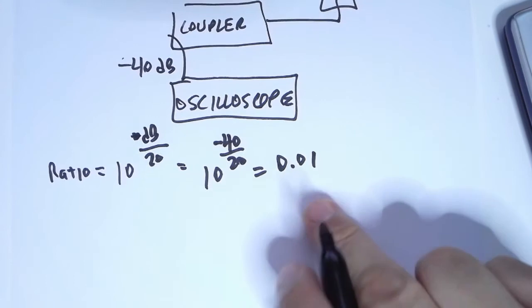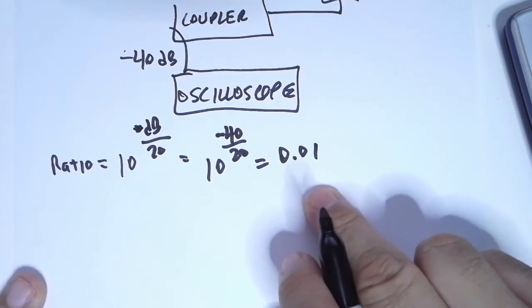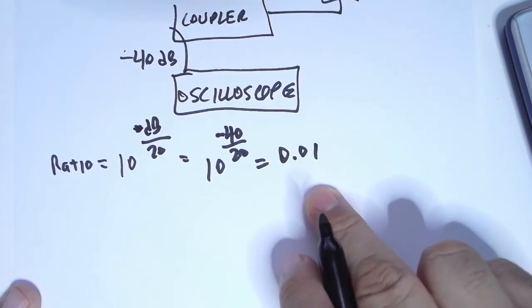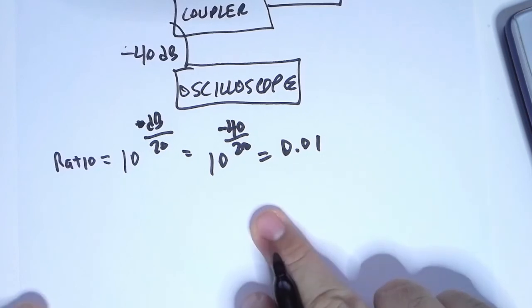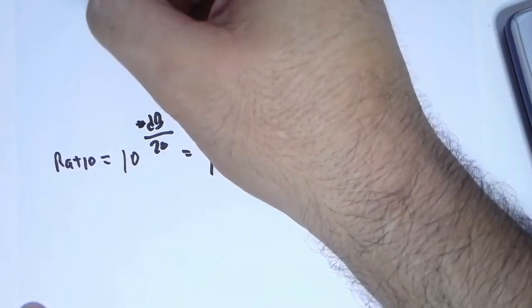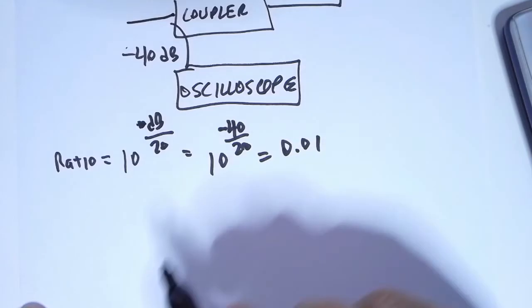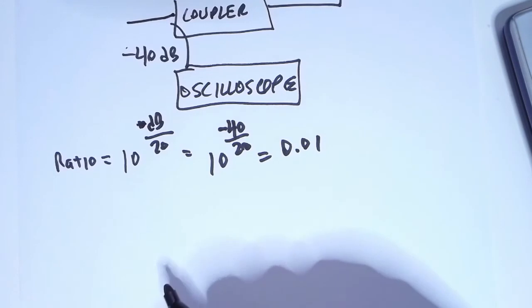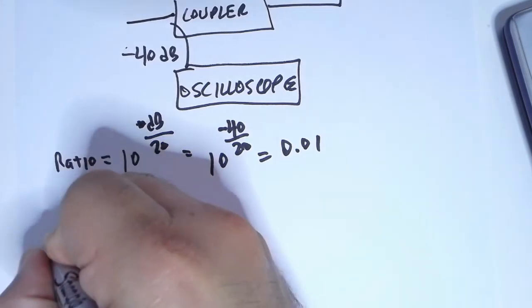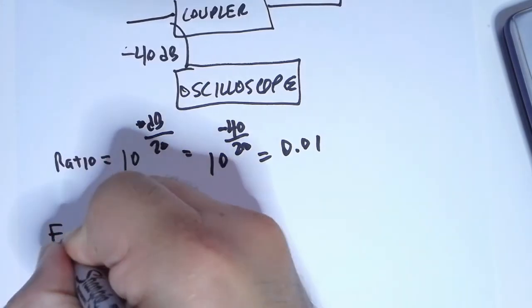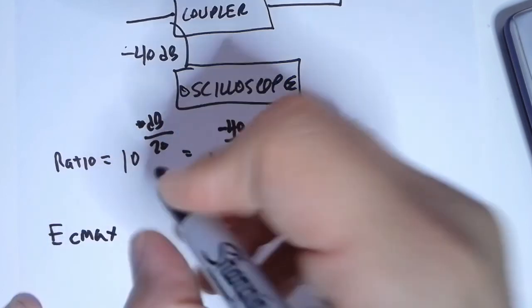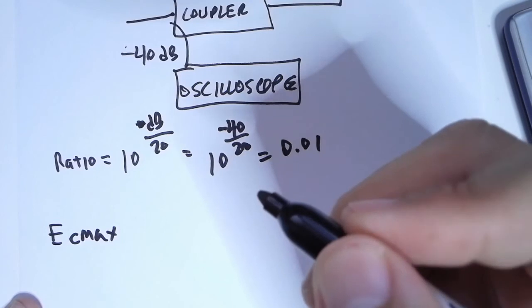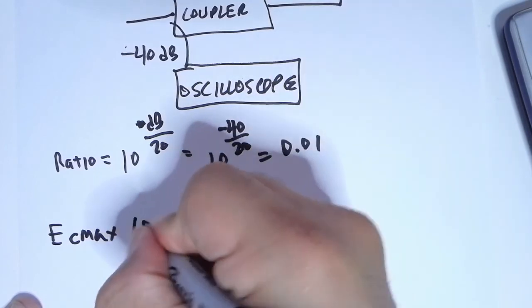Okay, now that we have the ratio, we need to attenuate the peak level voltage coming in from the transmitter. So the peak voltage, V carrier max, is going to be attenuated by 0.01.